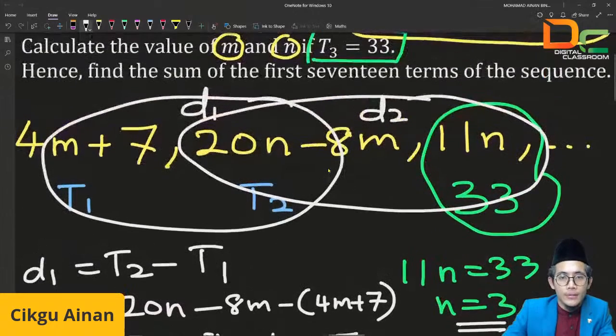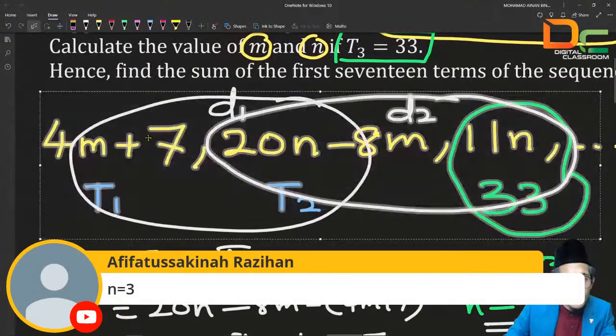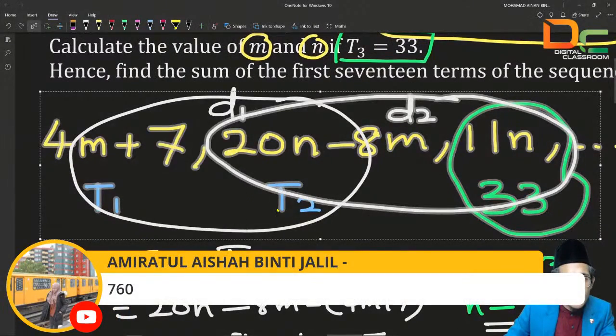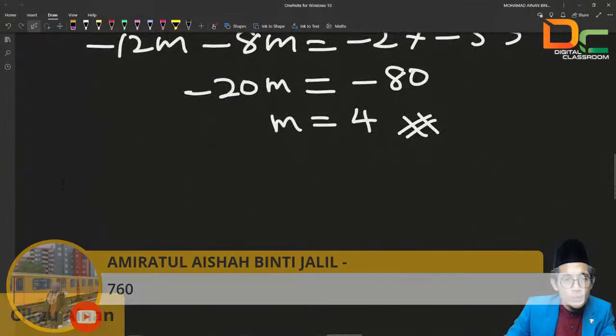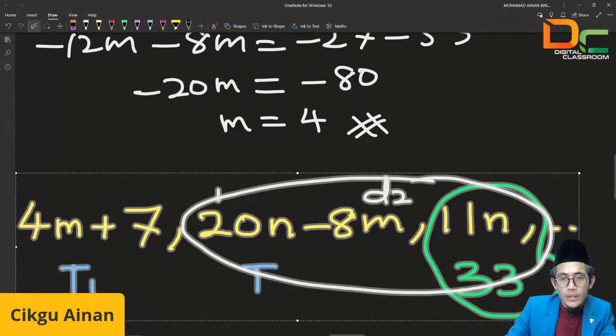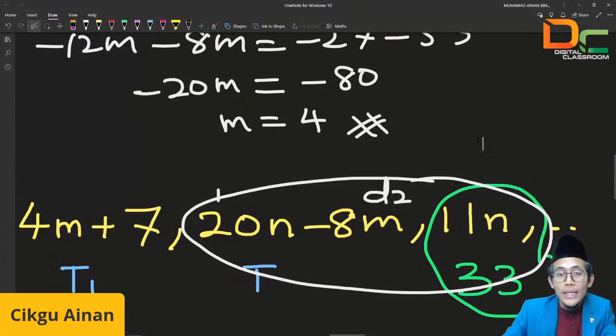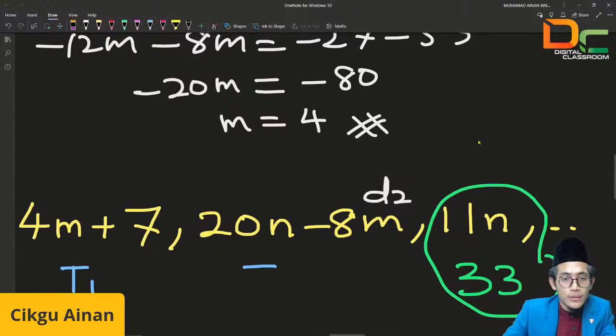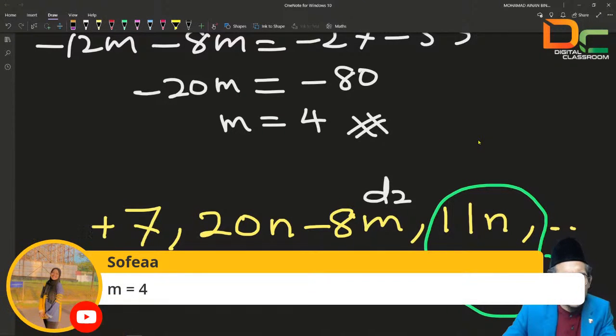Now I'm going to copy the values over here, and then we are going to replace the values.